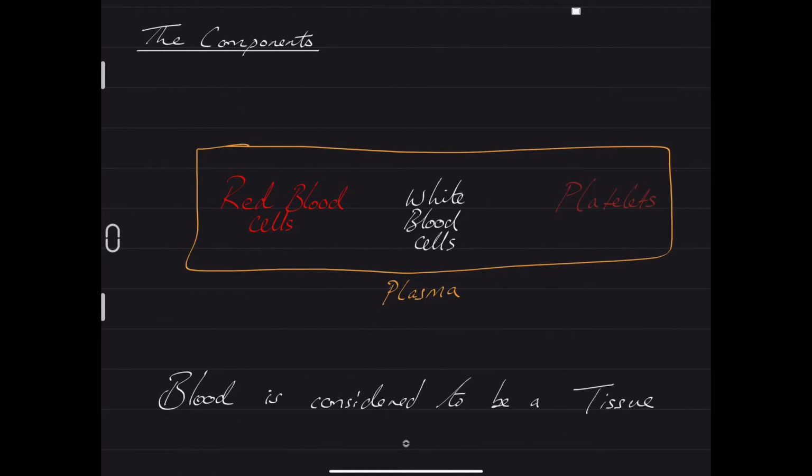Okay, so do not get confused and say blood is just a cell, or associate it with just red blood cells, or just white blood cells. No, it's a tissue because it's made up of a variety of substances, a variety of cells.